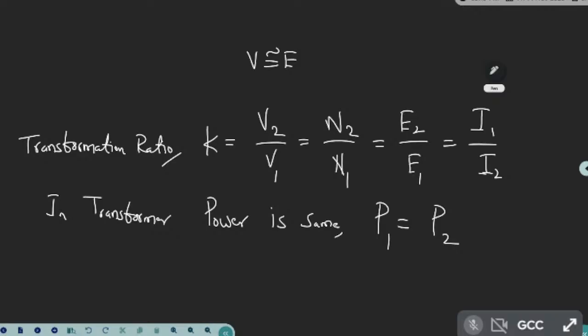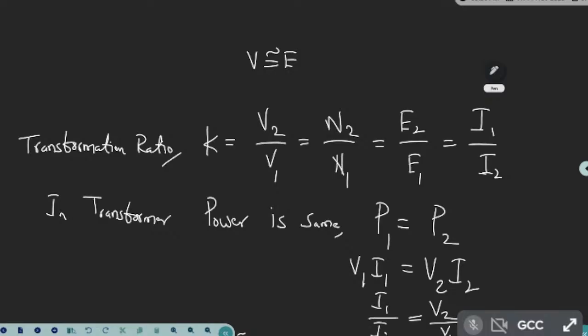So assuming that P1 is nothing but V1 I1, power is nothing but the product of voltage into current, and P2 is nothing but V2 I2, so V1 I1 equals V2 I2. Now if you write V2 by V1, what will we get?